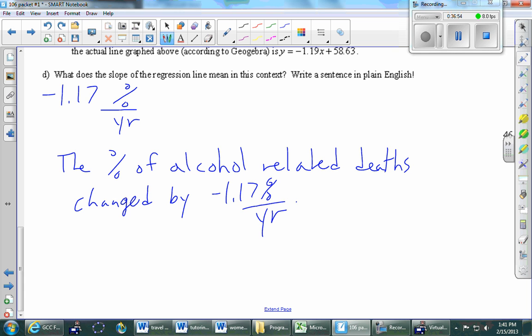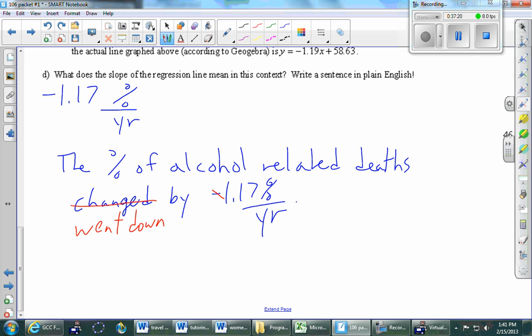Yeah, and I think that's the less awkward way. To say it changed by negative 1.17, probably we shouldn't say negative in the answer. We should probably say, what did you say went down? Went down by, and then what's the one thing I have to fix? Yeah, get rid of that negative sign. Percent of alcohol-related deaths went down by 1.17% per year.